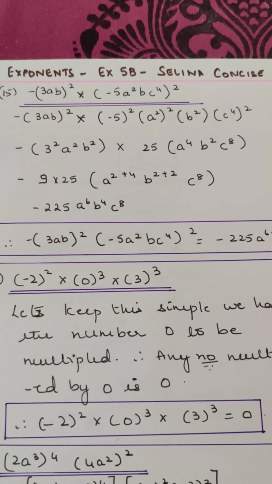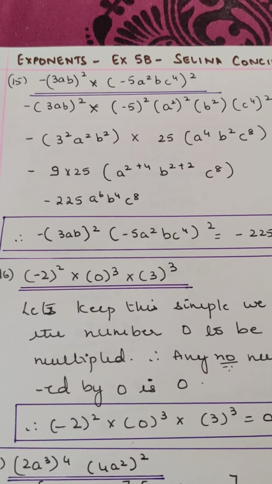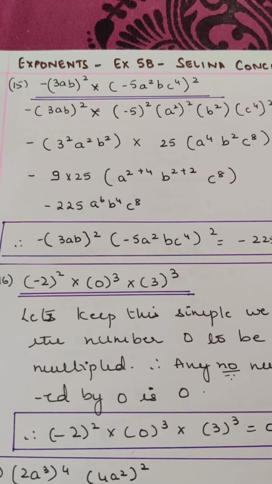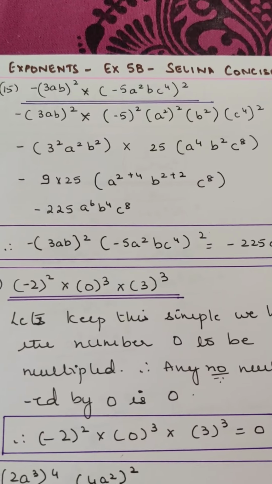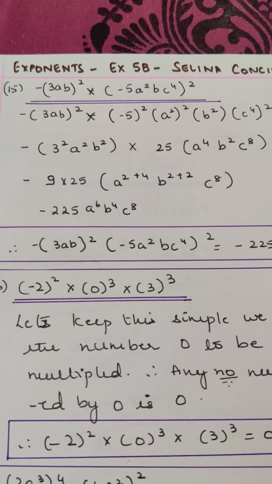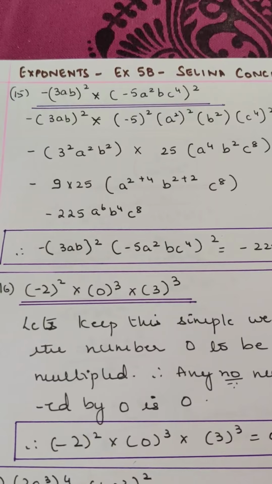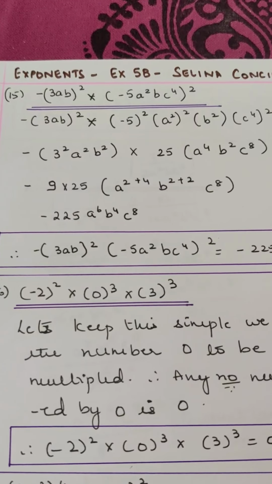So this becomes minus into 3a b to the whole square into minus 5 square into a square to the power of 2 into b square, because there is nothing else, into c to the power of 4 the whole square. So this becomes minus 3 square a square b square into 5 square becomes minus 5 square becomes 25 into a to the power of 4 b square c to the power of 8.